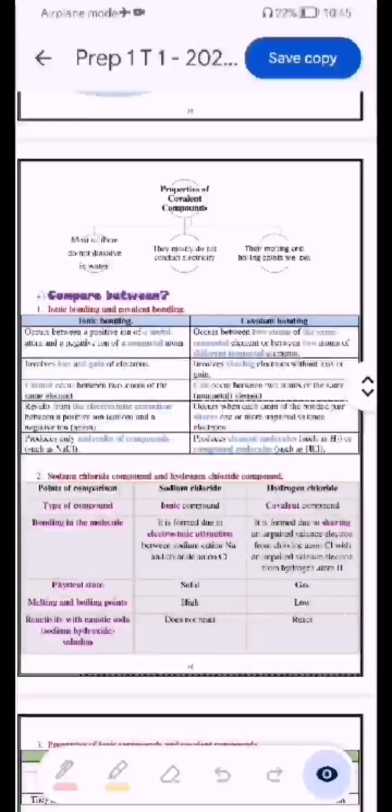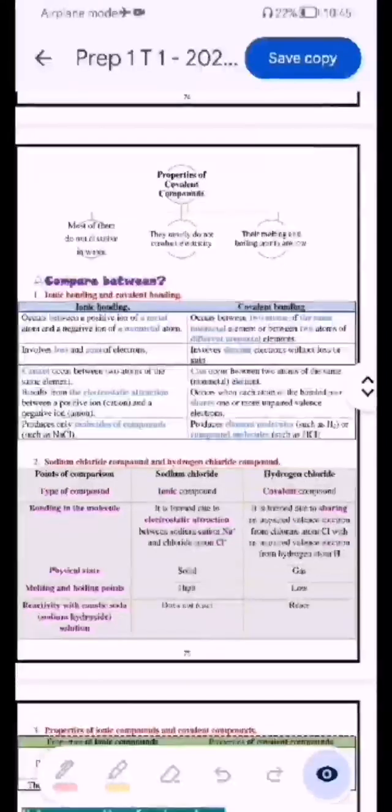Okay, ionic bonding involves losing and gaining electrons, but covalent bonding is sharing electrons, not gaining, not losing. Okay, and ionic bonding cannot occur between two atoms of the same element because they have the same charge, so no electrostatic attraction occurs between them.